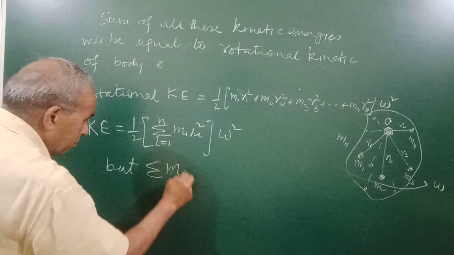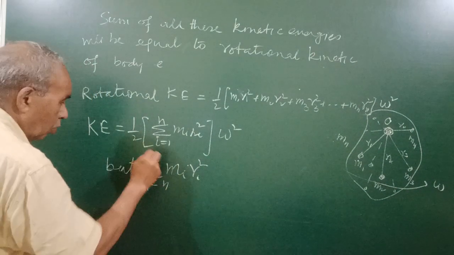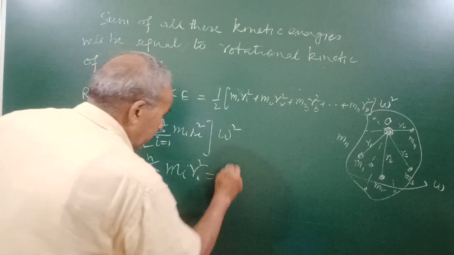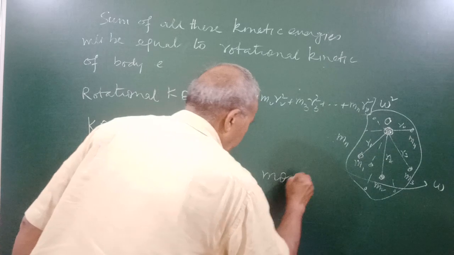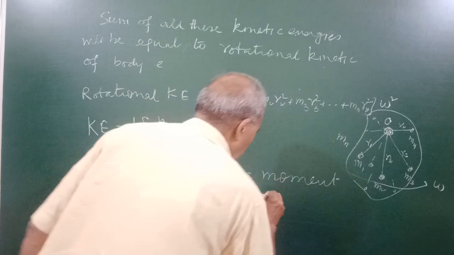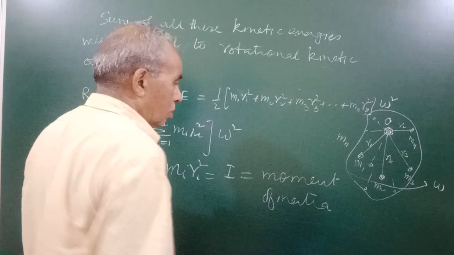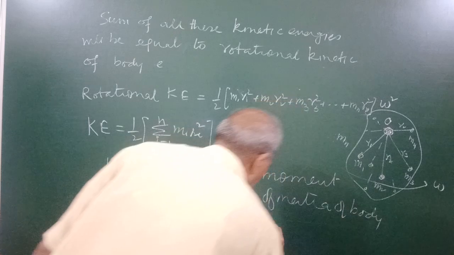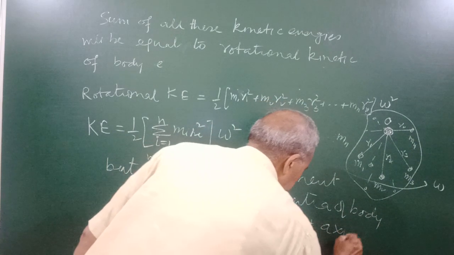Summation mi ri square, i equal to 1 to n, equals I. I means moment of inertia of the body about the axis of rotation.